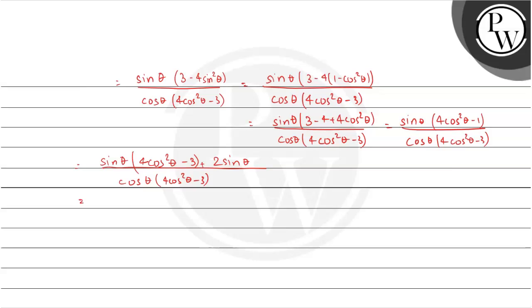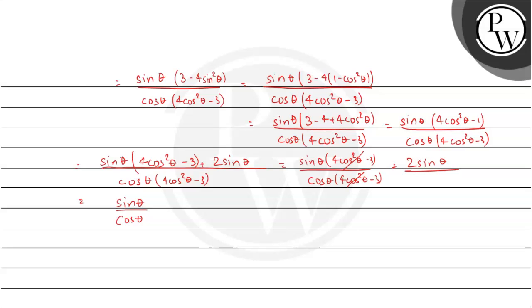So hence this will become sin theta upon cos theta, because I'll split this up as sin theta times 4 cos square theta minus 3 upon cos theta times 4 cos square theta minus 3, and of course because these both terms are equal, we'll cancel them off, plus 2 times sin theta would remain the same.